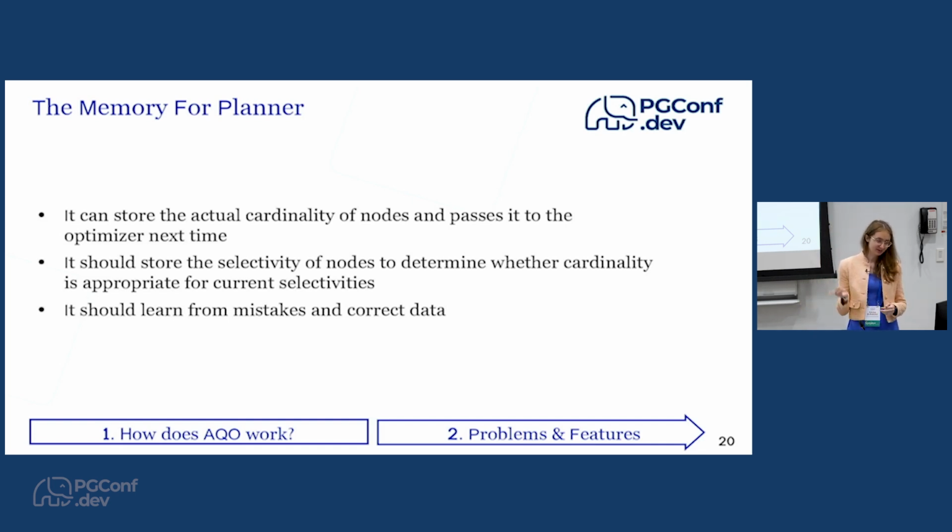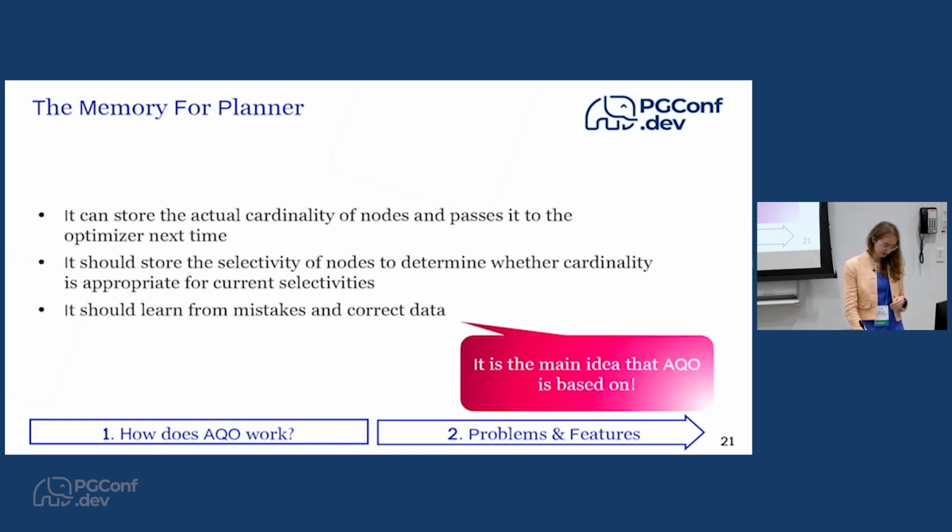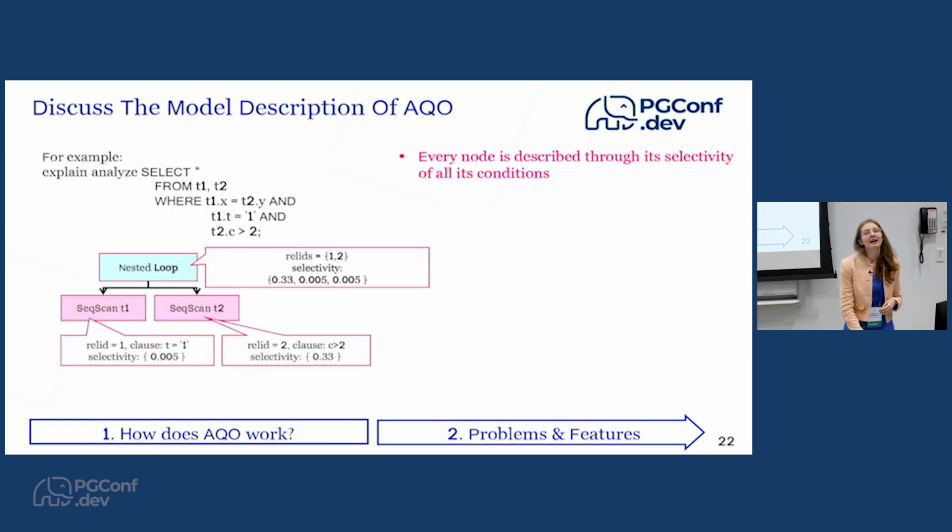But we need to store information about selectivity, because the optimizer needs to determine whether the cardinality is appropriate for the current selectivities, and it should update the data from time to time. So this is the main idea that AQO is based on.